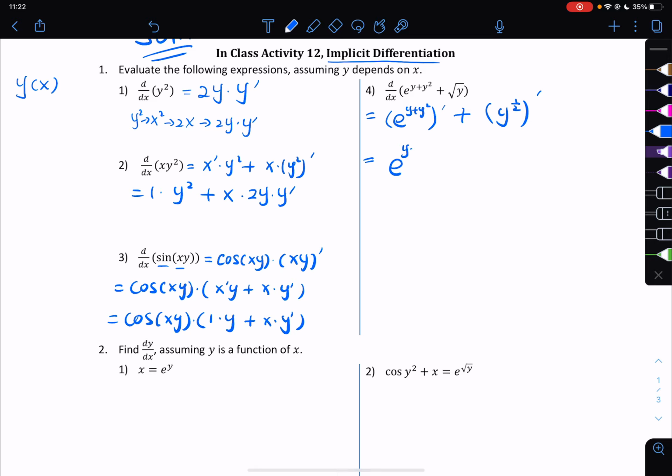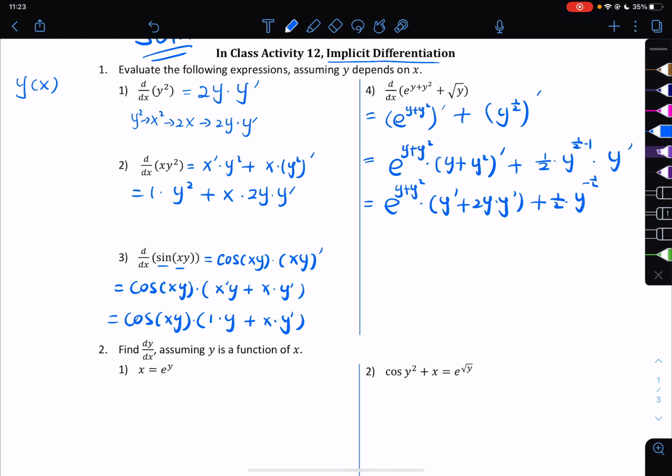It's e to the y plus y squared on the exponent, and then you differentiate what's inside, which is your inside layer, and then you have your other part, so it's 1/2 y to the power of 1/2 minus 1. You take the derivative of the inside layer, so you have e to the y plus y squared times y prime plus 2y y prime plus 1/2 y to the negative 1/2 y prime. So this is what you end up with.